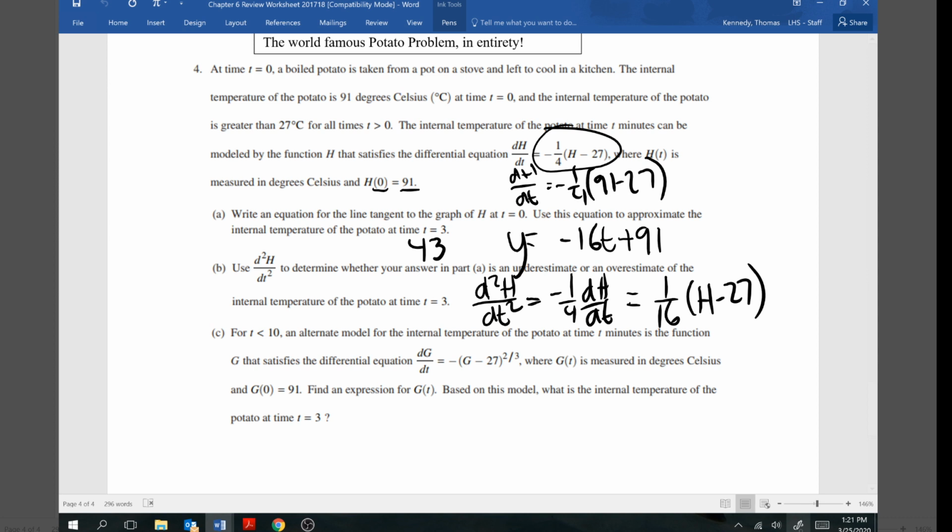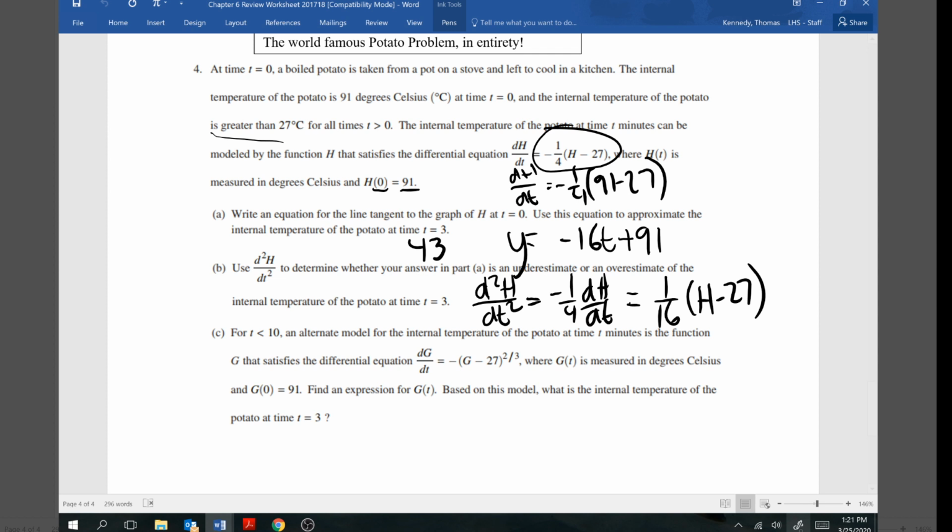Now, if I plug in time equals 3 or anything before 3, I know the temperature starts out pretty hot. And it tells me the internal temperature of the potato is greater than 27 for all times. So the point is this potato's hot, and then it cools down over time.